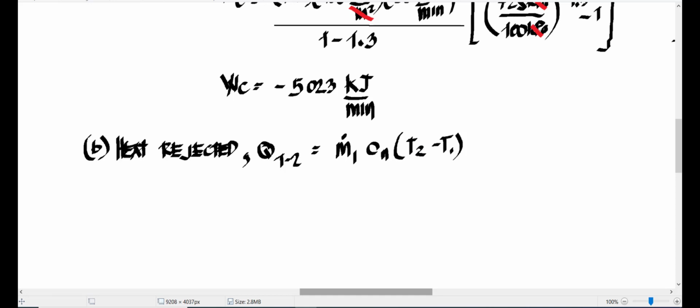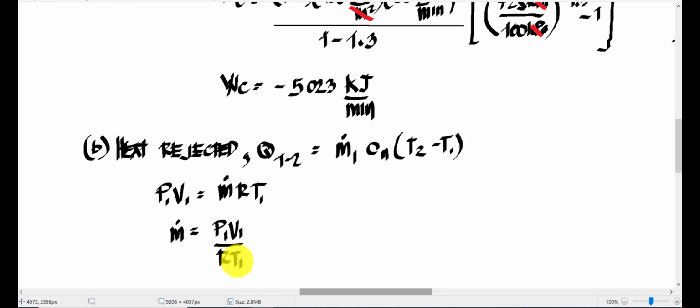Remembering that in our ideal gas law, we have pressure times volume, that will be the mass flow rate times R, times the temperature at this point. Now to get the mass flow rate, we have to derive our equation. That will be P1 V1 divided by R times T1.